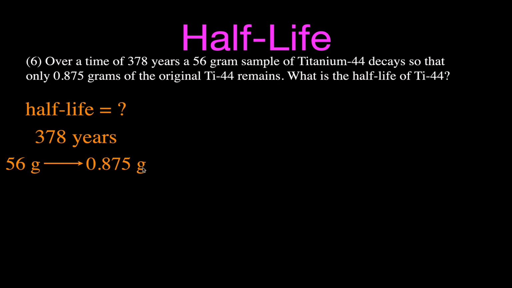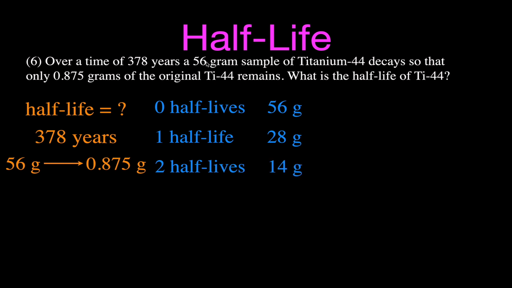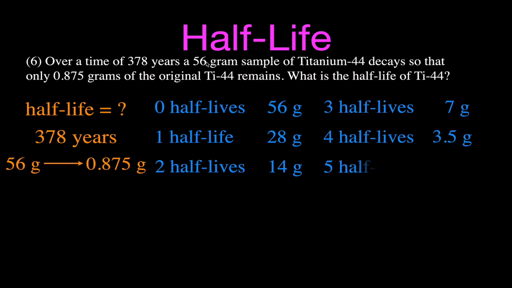All right, now we're starting out with 56 grams. So we can start out with 56 when, 0 half-lives. Then after 2 half-lives, it reduces to 14. And then it reduces to 7 grams, which is half of 14, and then half of that is 3.5, half of that is 1.75. So there's 1.75 grams remaining after 5 half-lives, but we want to know 0.875, and that's one more half-life.